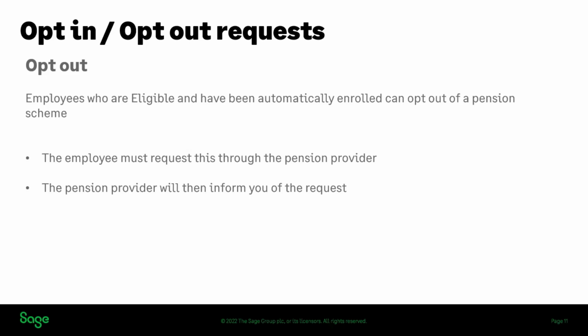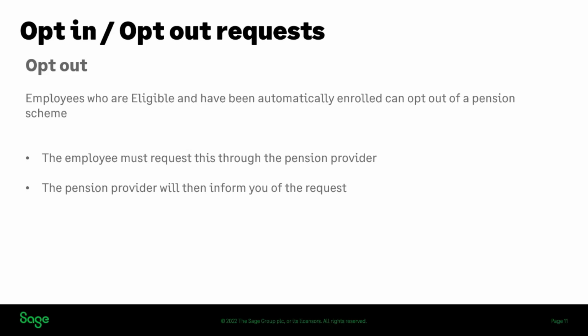When it comes to opt-out requests as well, if they opt out within 30 days of being enrolled, they are automatically entitled to a refund. However, they can opt out outside of this window. They will just be classed as having left the scheme rather than opted out. They will not be entitled to a refund if it's outside of that 30-day window.